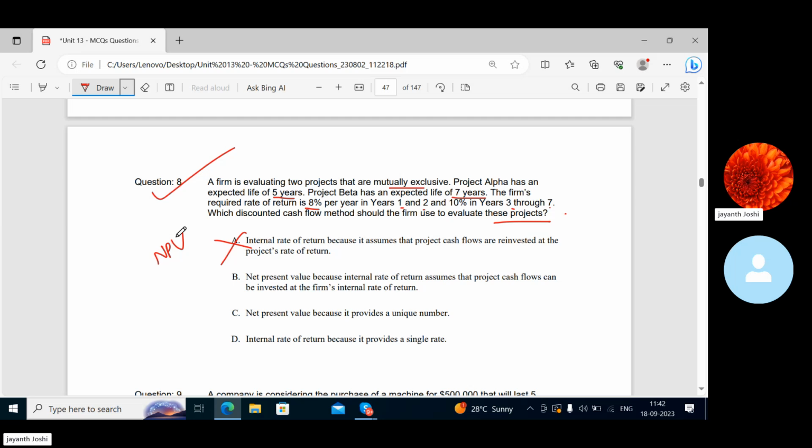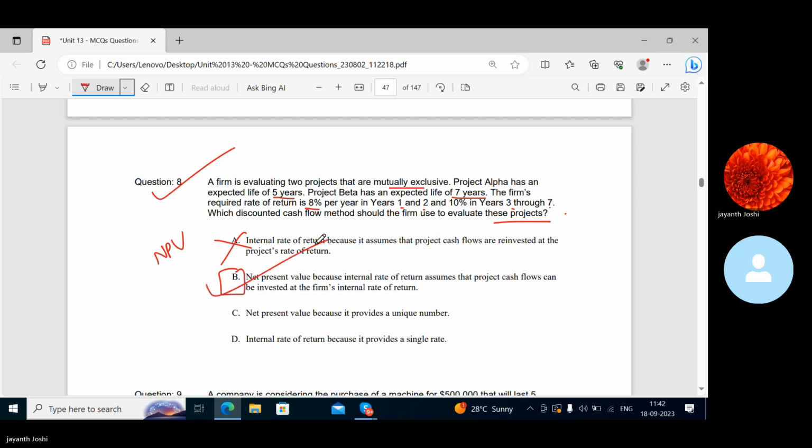The NPV method has an assumption that the funds should be reinvested at the project's required rate of return. IRR thinks that it should be reinvested at IRR, which won't be happening always, right? IRR assumes that project cash flows can be reinvested at IRR, so this is the right statement.